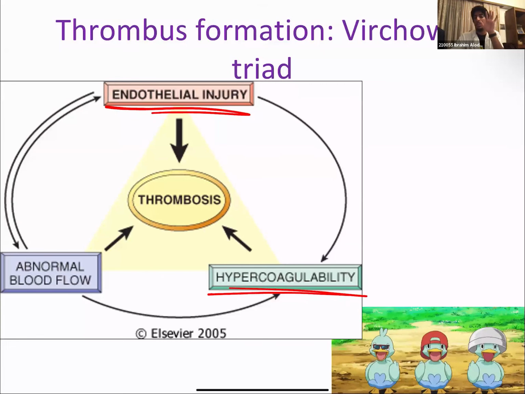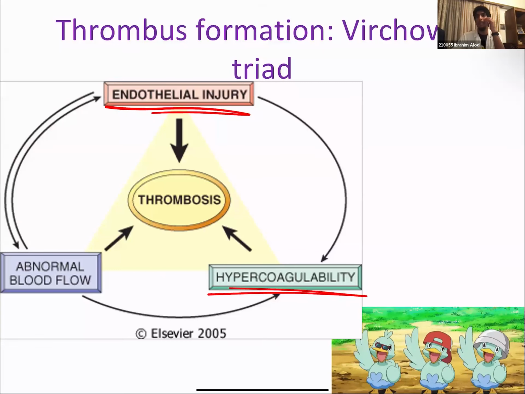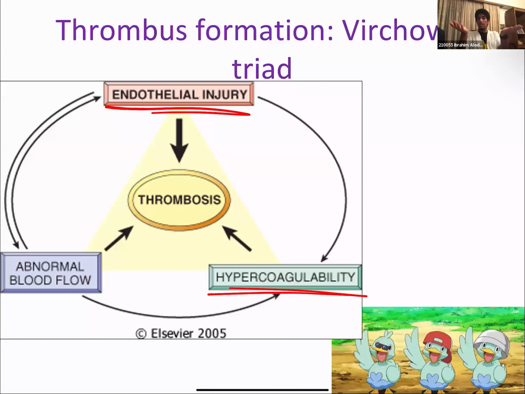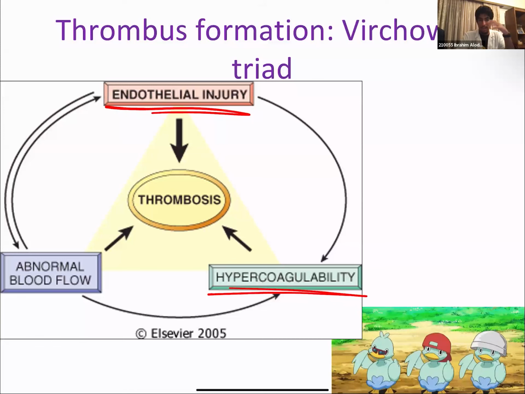Maybe they don't have anything to lyse the clots after they're formed, maybe they have defective components. Basically, the body is in a state where there's more likely to be coagulation than anticoagulation. Do you guys understand what I mean by hypercoagulable state?